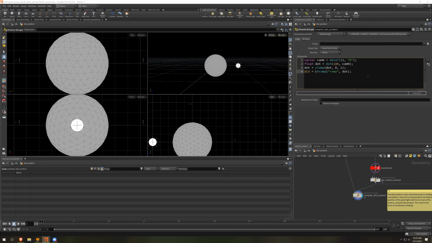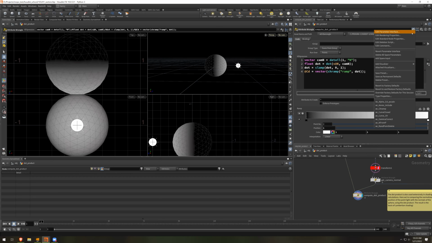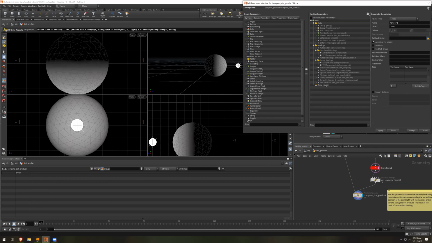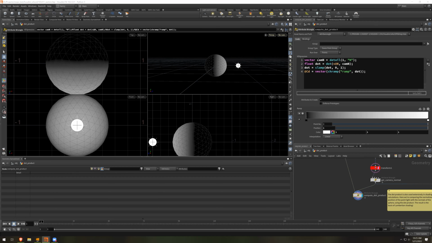But if you really want to make a color ramp, if you force this to be cast as a vector when you write this operation, this automatic parameter generation button will actually give you a color ramp. So just a real quick trick. Otherwise, you would have to actually go into the parameter interface for this, click on the ramp, and then change it from float to color. So this is just a shortcut for that if you're just trying to bang out VEX really quick.